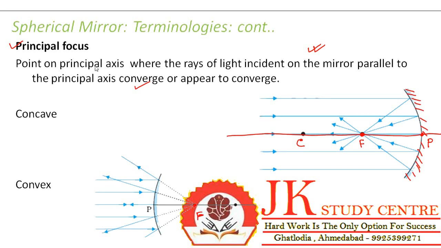That is why, when we write a general definition for principal focus, we say that it is the point on the principal axis where the rays of light incident on the mirror parallel to the principal axis, after reflection, either converge, as in the case of concave mirrors, or appear to converge, as in the case of convex mirrors. So in a concave mirror, the reflected rays are actually converging at the principal focus, but in a convex mirror, the reflected rays are actually diverging, but they appear to converge at, or they are virtually converging at, the principal focus, right?